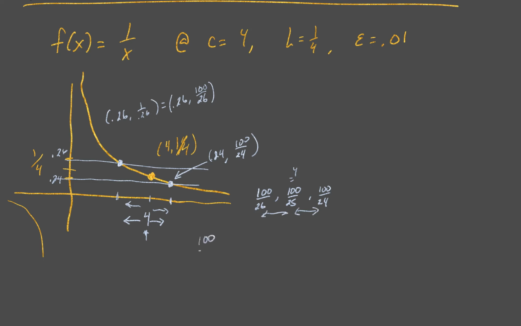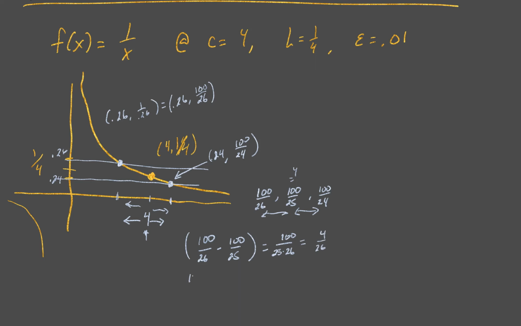So I've got 100 over 26 minus 100 over 25, and that's 100 over 25 times 26. That's 4 over 26.